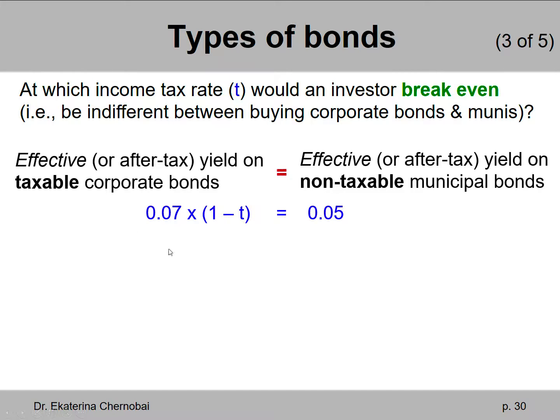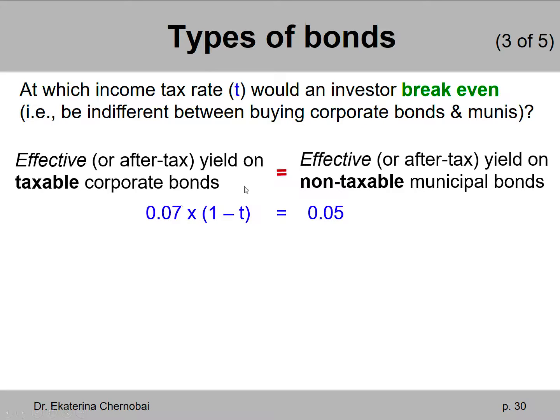So the after-tax yield on the corporate bonds with the 7% yield that was given would be equal to 7% multiplied by (1 minus some tax rate). And that needs to equal 5%, which is given for the municipal bonds.